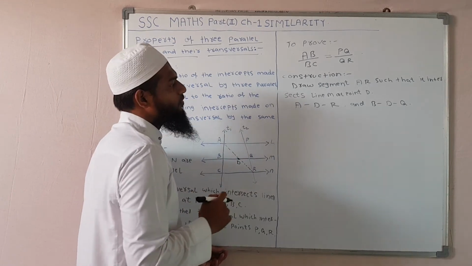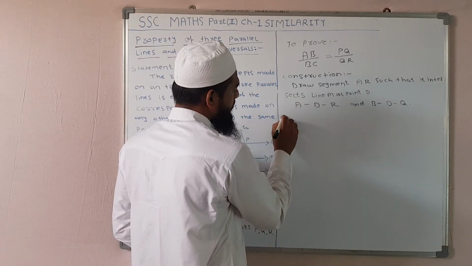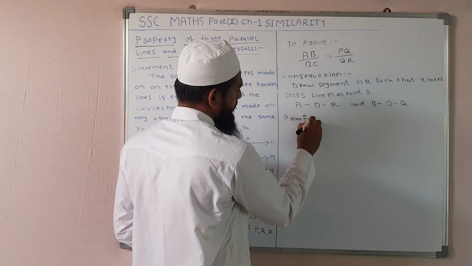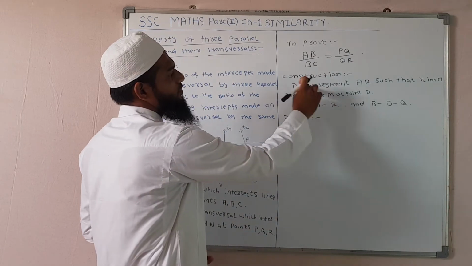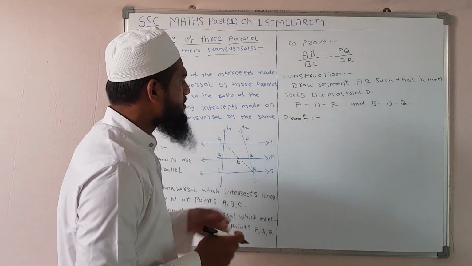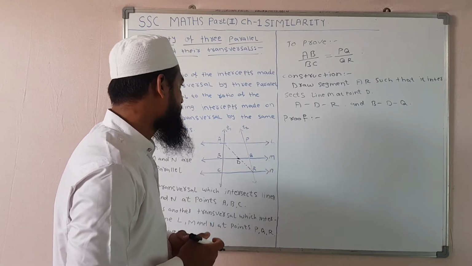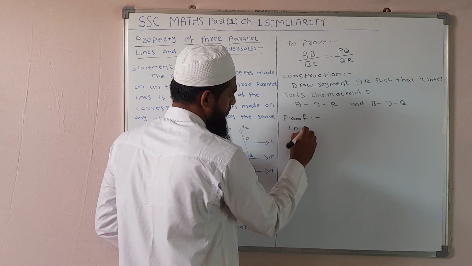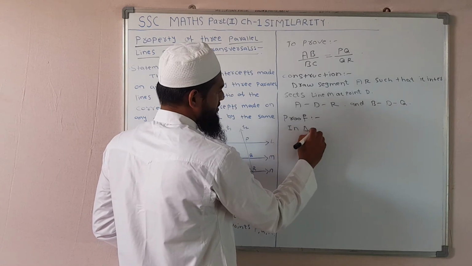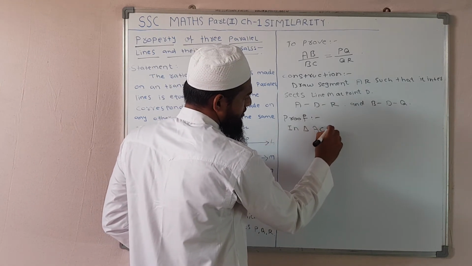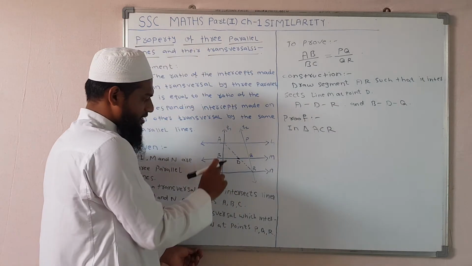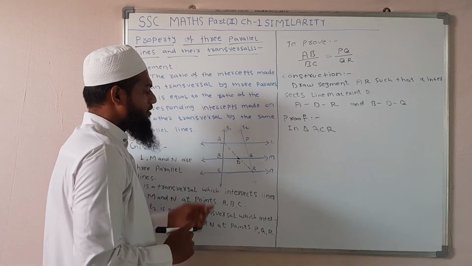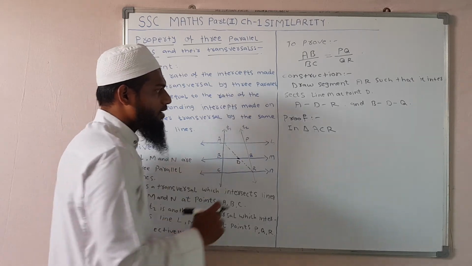Okay. Now we are starting the proof. We have done the construction, and now the proof. Okay. What is the proof? In triangle ACR, what are we looking at?